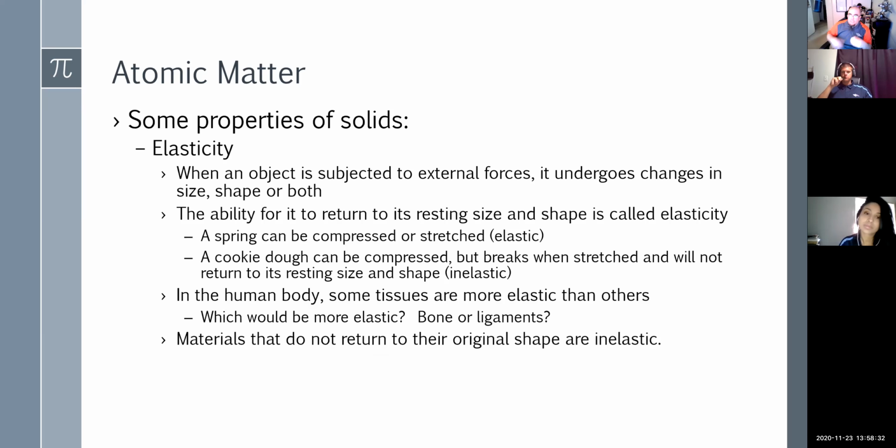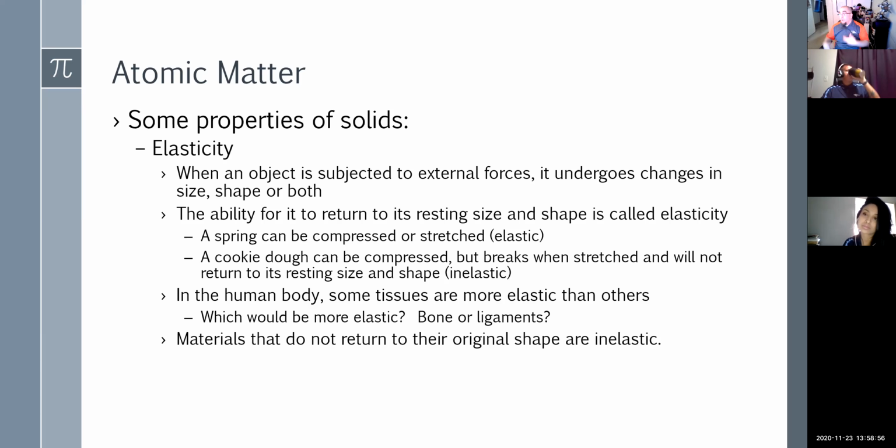In human bodies, some tissues are more elastic than others. So which do you think would be more elastic, a bone or a ligament? Which is going to return to its original shape best? Ligament, right? And we have kind of a hierarchical structure of how things go elasticity-wise, right? Muscles are very elastic. Ligaments are very elastic.